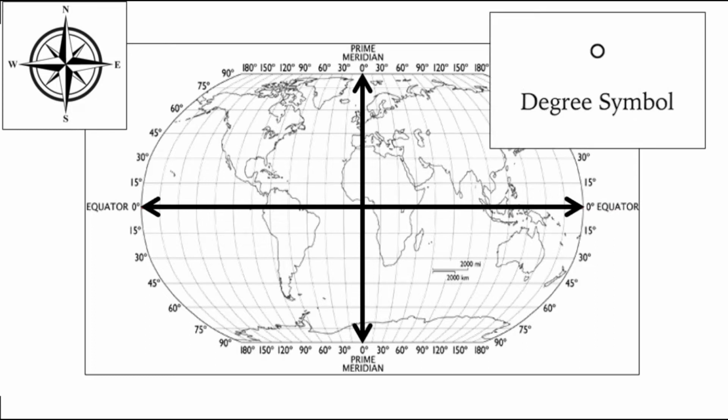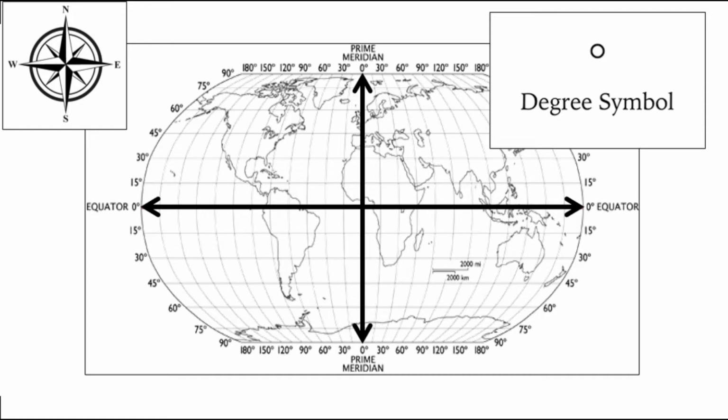Now this is something new. If you look at the numbers on this map, you'll see they have a little circle next to them. And that is the degree symbol. Now these degrees aren't like temperature. They don't say anything about how warm or cold it is outside.